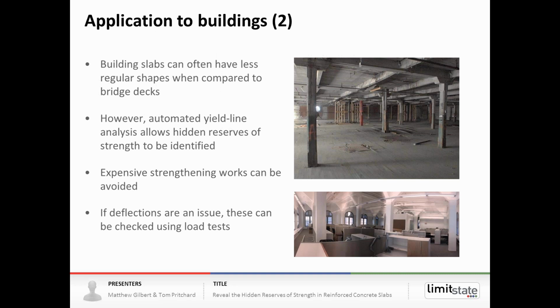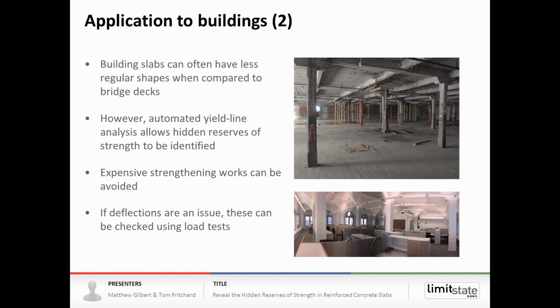For example, if we're repurposing a building, perhaps an existing office building that's going to be changed to residential, perhaps with a gym with additional loadings on one of the upper stories, or, and this is a use that we've seen quite often since we launched the software, it can be used when you are moving plant around in the construction phase.